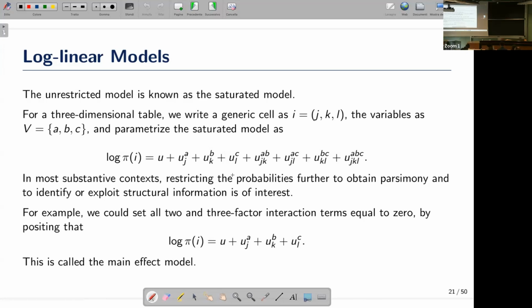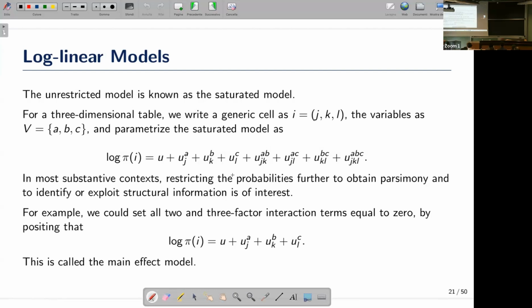And you model this probability with log linear models, which means you have these factors, U, which are related to the variables A, B, and C. Here you have the main effects, A, B, and C. Here you have an interaction term. And here you have an interaction term where you have all the three variables together.